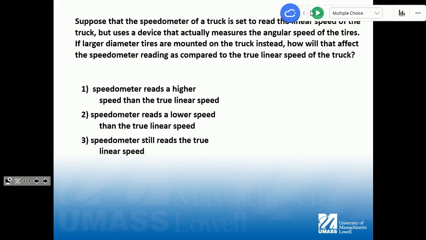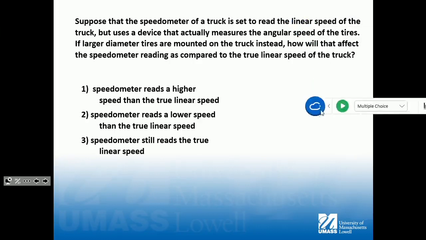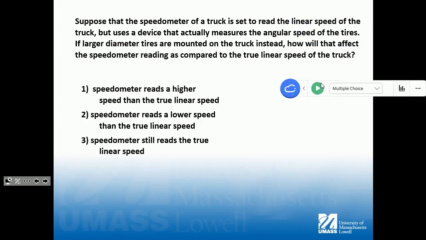Okay, before I let you go, a speedometer is supposed to measure your speed. Let's say that it's actually measuring omega, the angular velocity, and it computes the translational velocity from its measurement of omega.